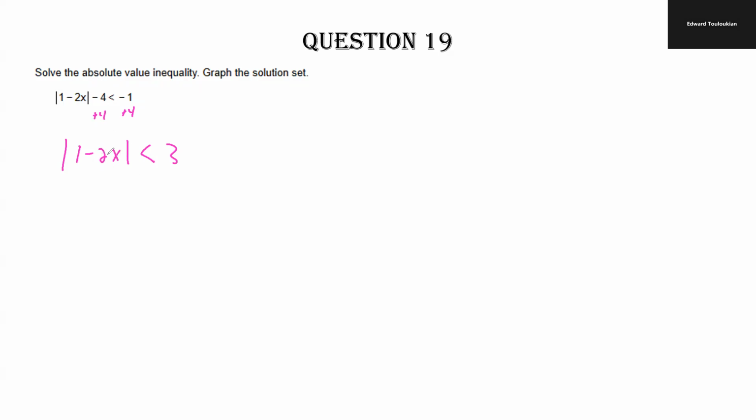So for this to be less than 3, that means that this absolute value has to be either less than 3 or greater than negative 3. So we know that 1 minus 2x has to be less than 3, or 1 minus 2x has to be greater than negative 3.